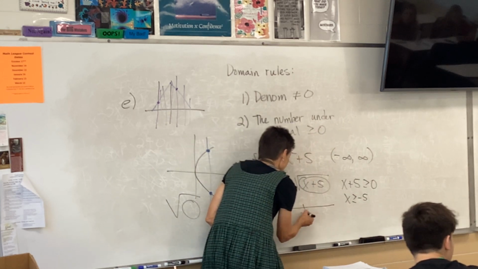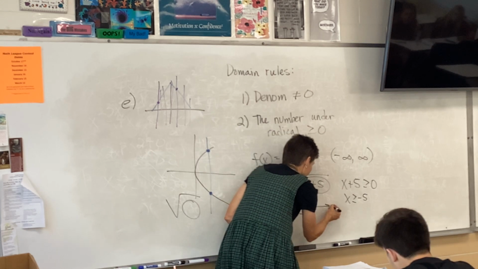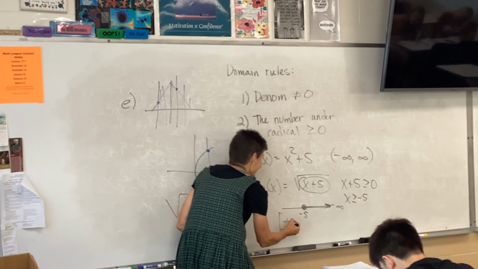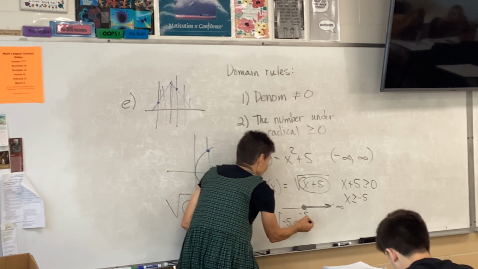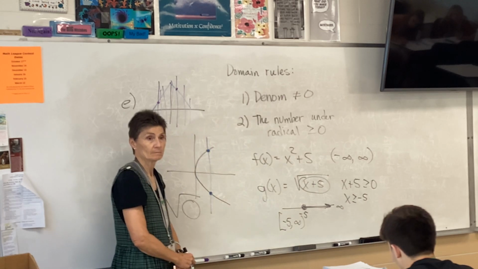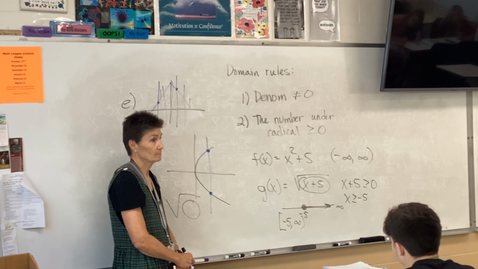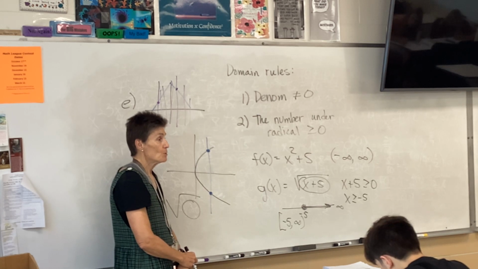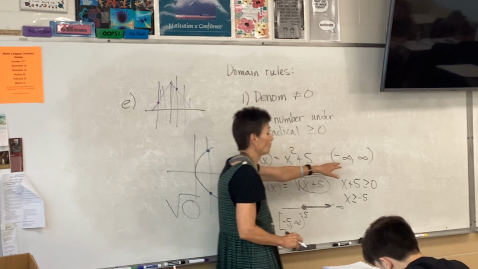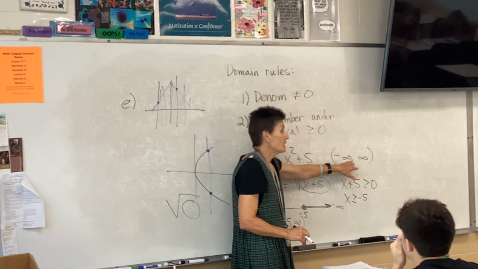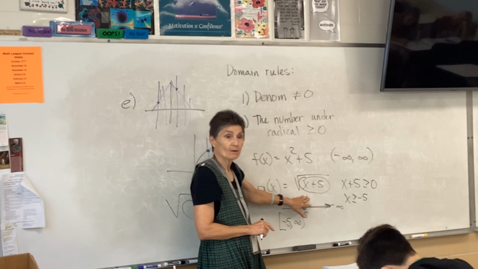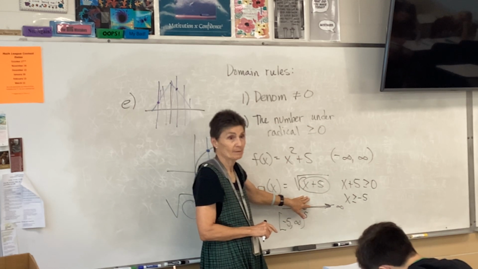Which means my domain is -5 to infinity. Your domain always starts out as everything. If you put a fraction into it, that messes it up. If you put a radical into it, it messes it up. Okay?